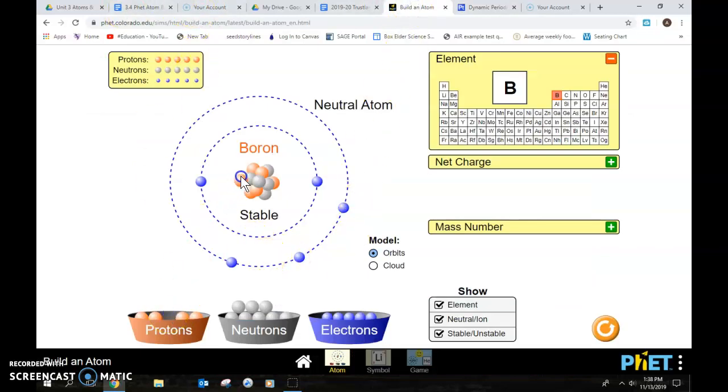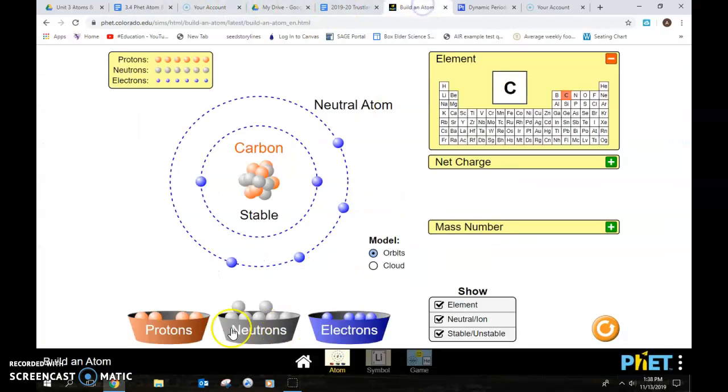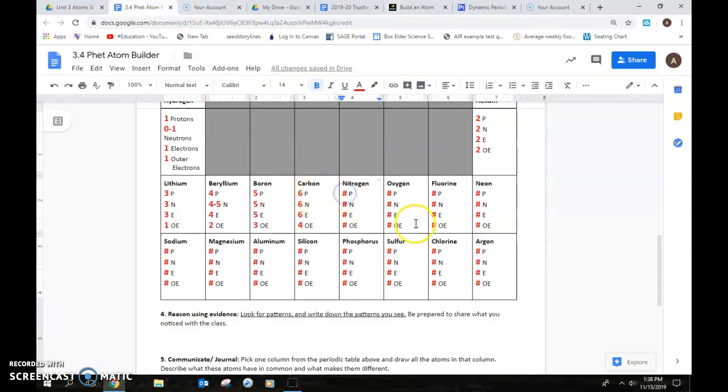Let's go on to carbon. It has 6 protons, 6 neutrons, 6 electrons. So it has 6 protons, 6 neutrons, 6 electrons, and 4 outer electrons. If we go into nitrogen, nitrogen has 7 protons, 7 neutrons, and 7 electrons, 2 of which are in the first shell, 5 are on the next shell.